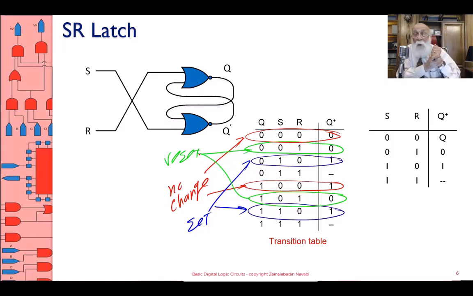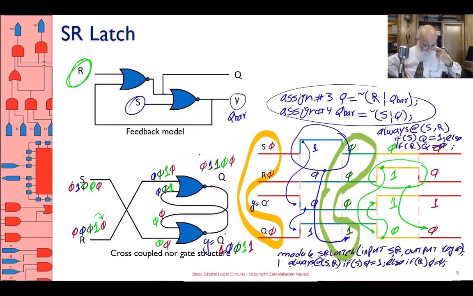I've been avoiding 1, 1. Actually, you see avoiding 1, 1 in many different places. In the timing diagram, I never showed you 1, 1. In my Verilog description down below, you don't see 1, 1. Why? I say if there is an event on S or R, the flow begins.